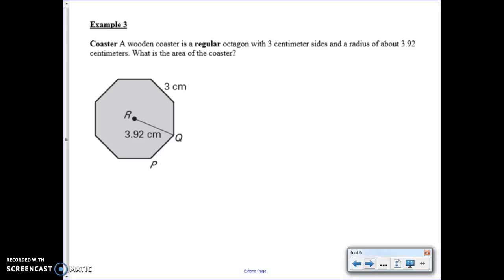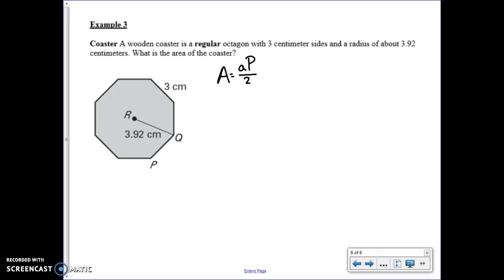Let's try another. Okay, so a wooden coaster is a regular octagon with 3 centimeter sides and a radius of about 3.92 centimeters. What is the area of the coaster? Again, I'm going to write down A equals AP over 2. This time I want you to notice that we don't know the apothem.